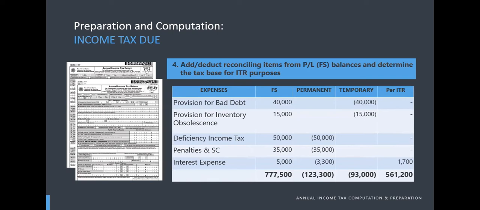This amount must reduce the interest expense that should be deducted for income tax purposes. So from 777,500 expenses, it was reduced for tax purposes to 561,200 only. Okay.